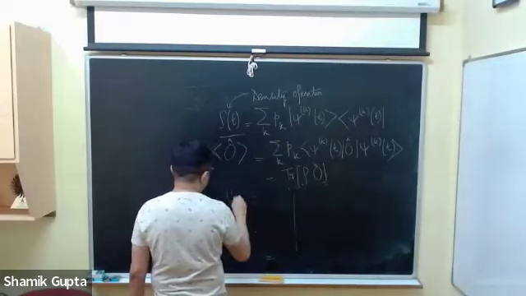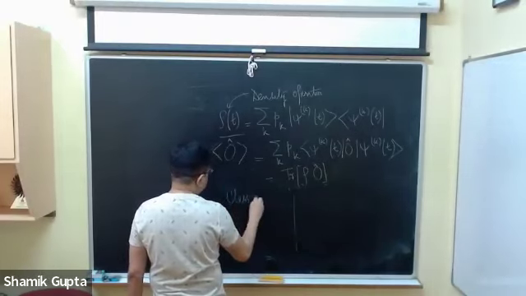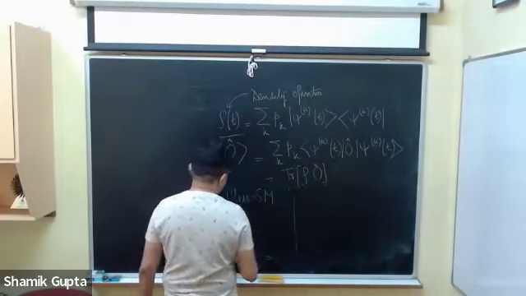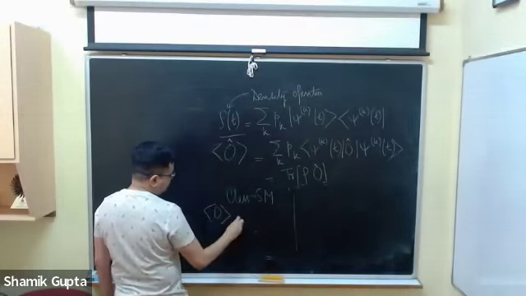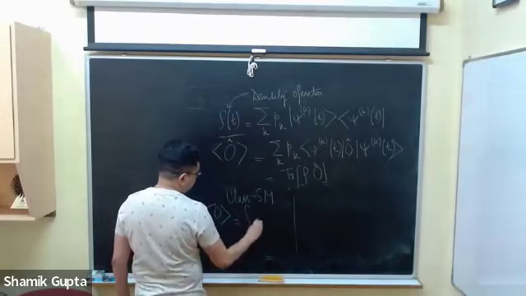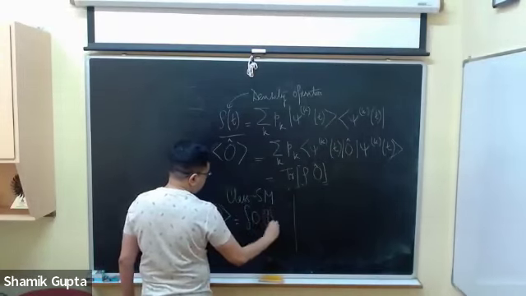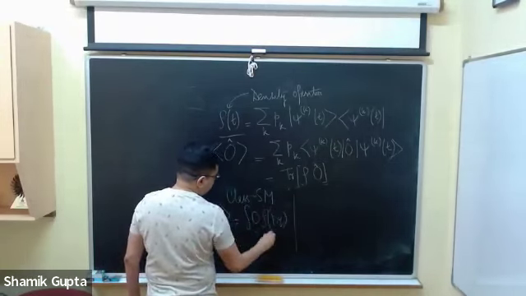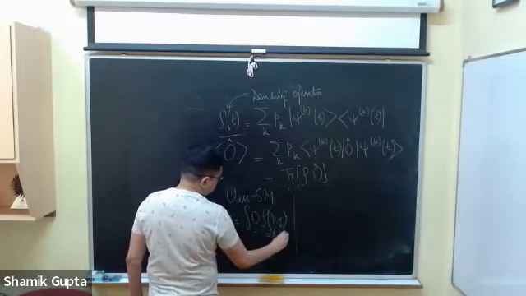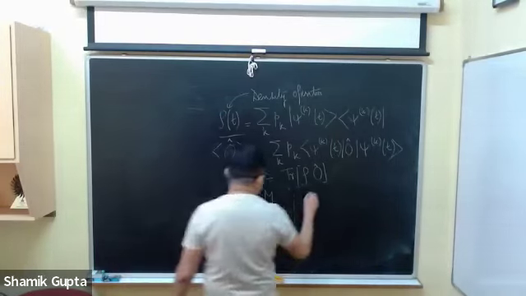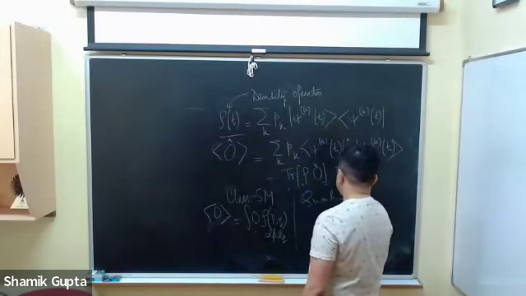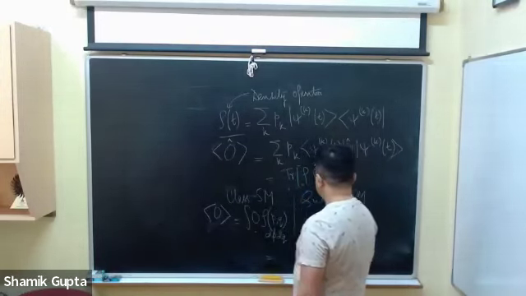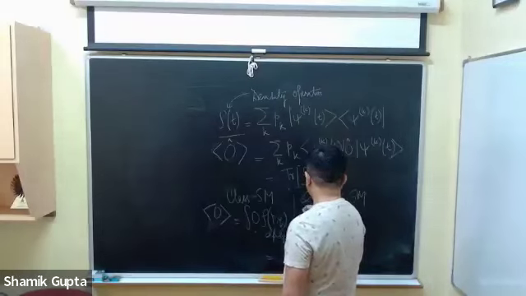Let's see what we learned in classical StatMech. In classical StatMech, if you recall, the average of an observable was given by the integral of O times rho of P, Q dP dQ. And in quantum StatMech, I have a very similar expression.